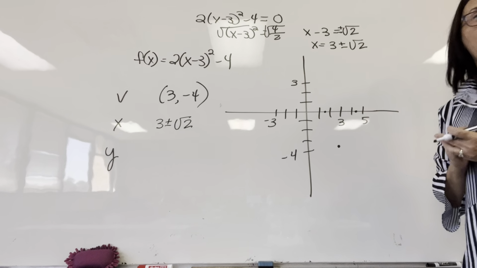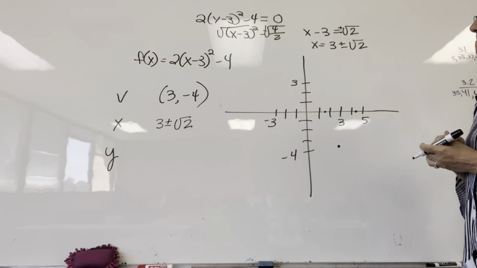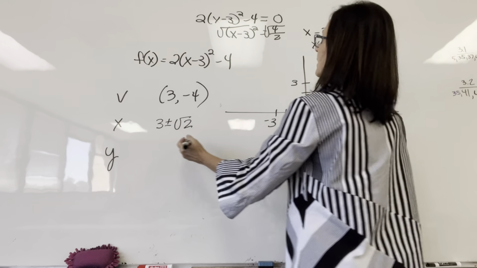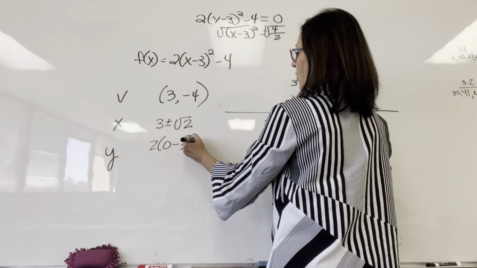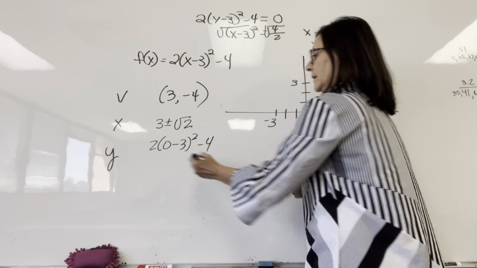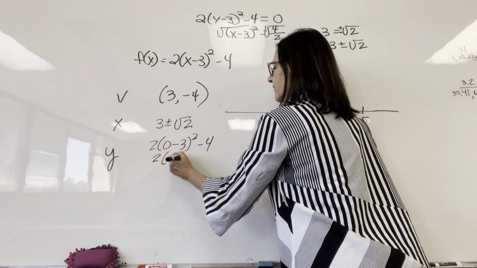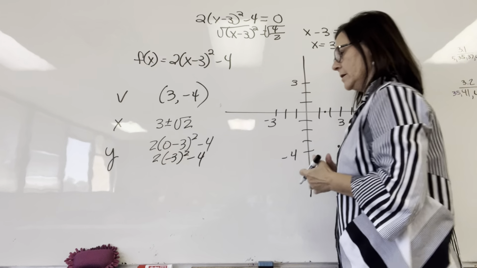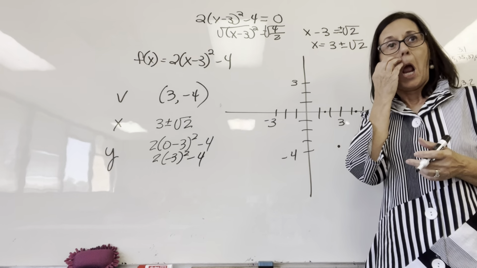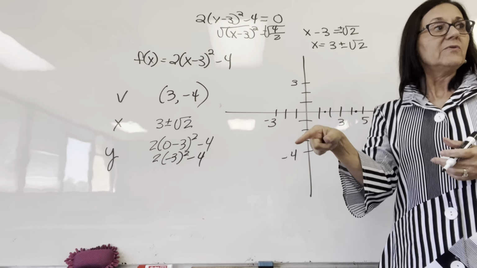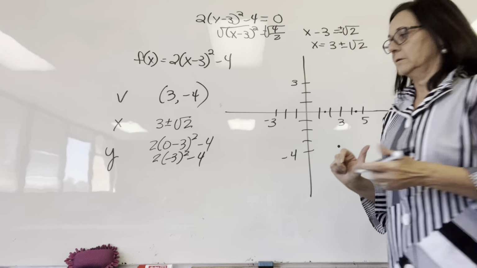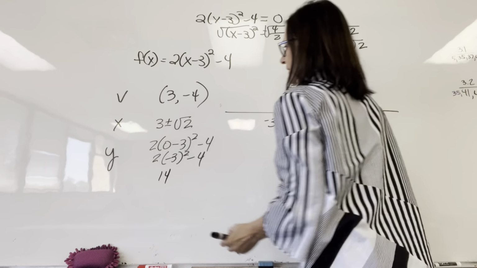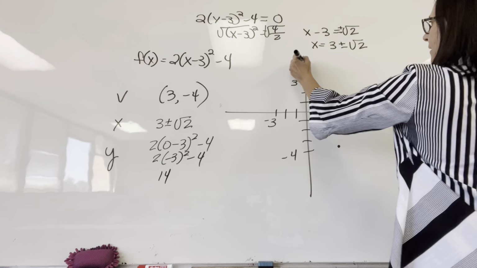All right, the y-intercept is when x is 0. So it's 2 times 0 minus 3 squared minus 4. That's 2 times negative 3 squared minus 4. Negative 3 squared is 9, times 2 is 18, minus 4. So it's 14. So it's going to be way up here.